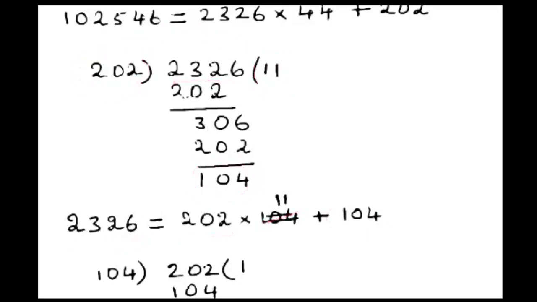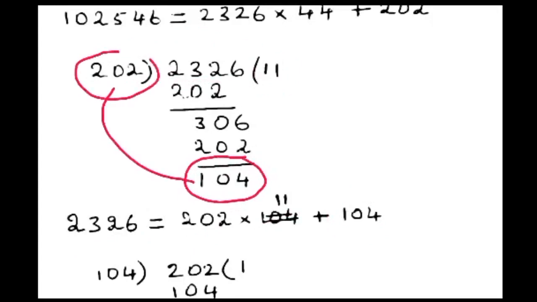Now, in the next step, we divide the divisor by the remainder. That is, 202 should be divided by 104.